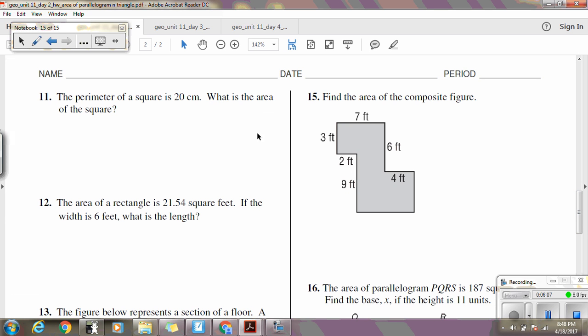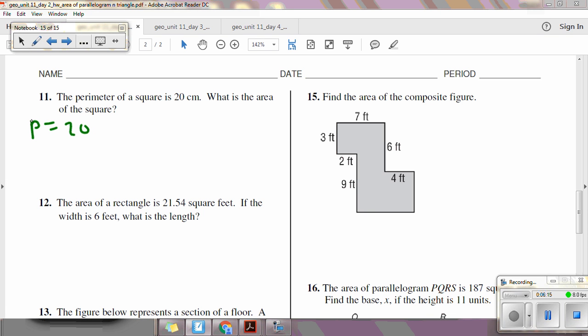For number 11, it tells us the perimeter of a square is 20 centimeters. What is the area? So if the perimeter is 20, and I know a square has 4 congruent sides, I could take this 20 divided by 4 to find each side's measurement.